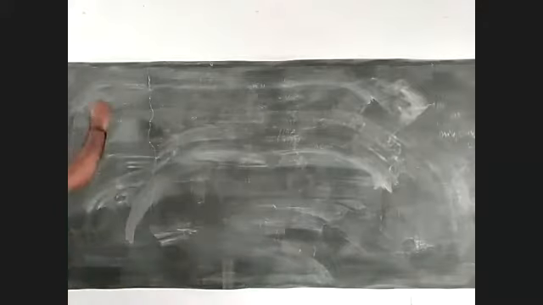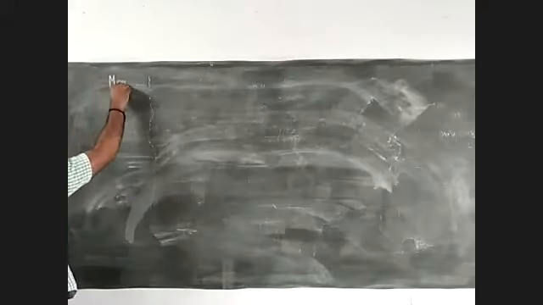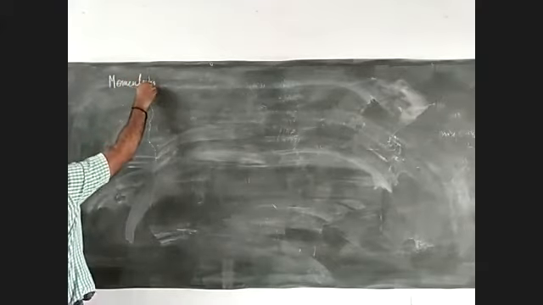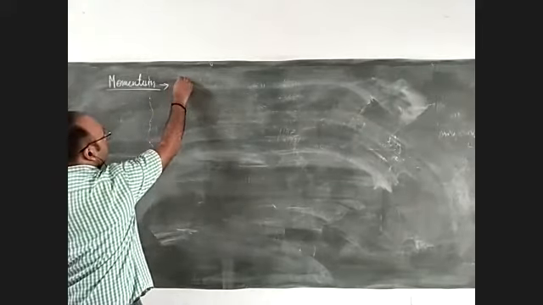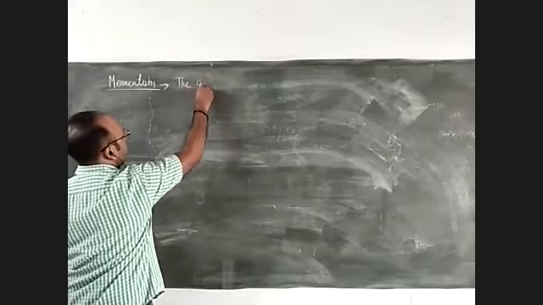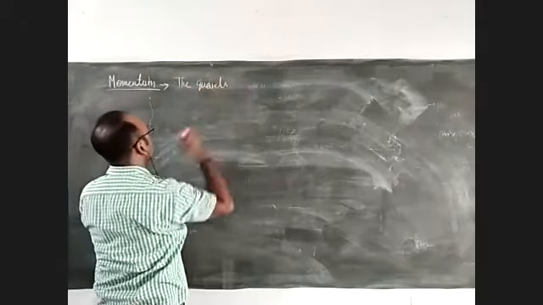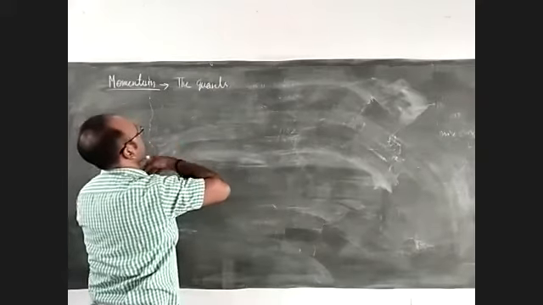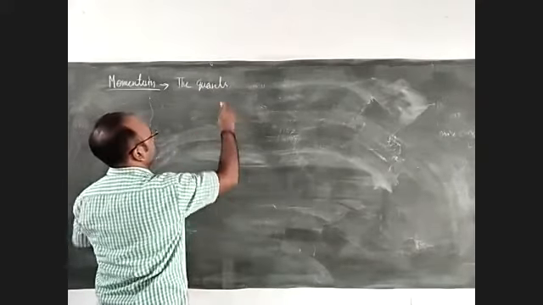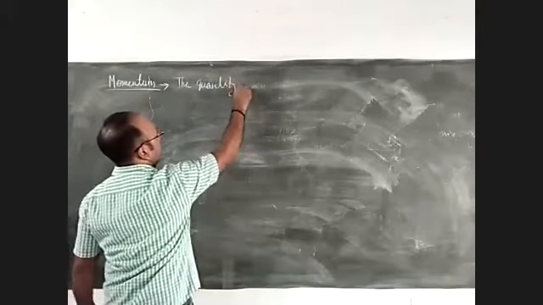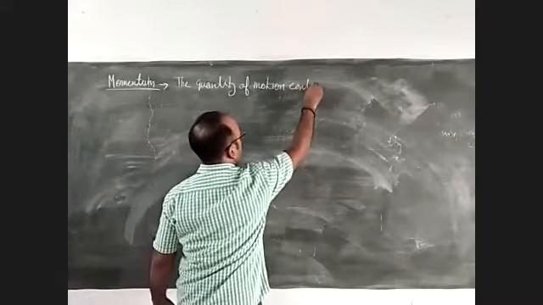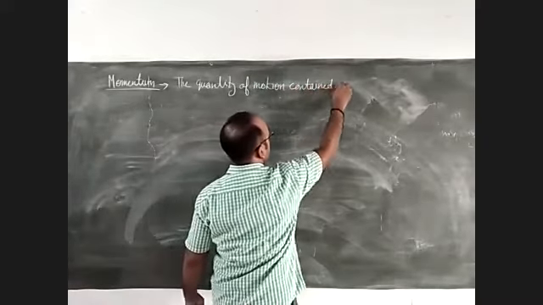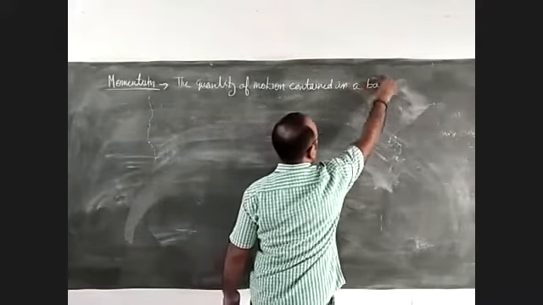Right? So first of all, let's start with momentum. As from the activity, you might have seen, momentum depends upon two factors, mass and velocity. So what is momentum? It is the quantity of motion contained in a body.